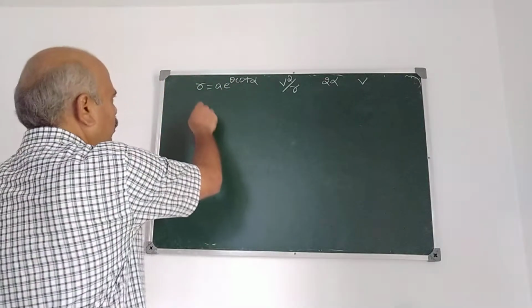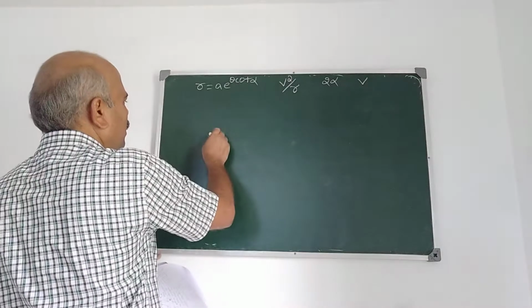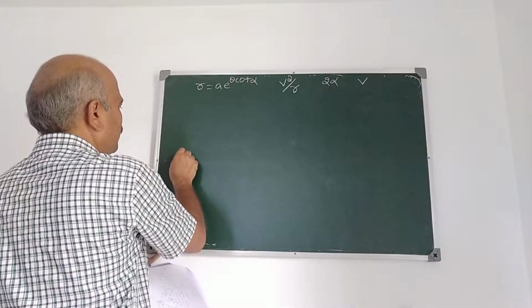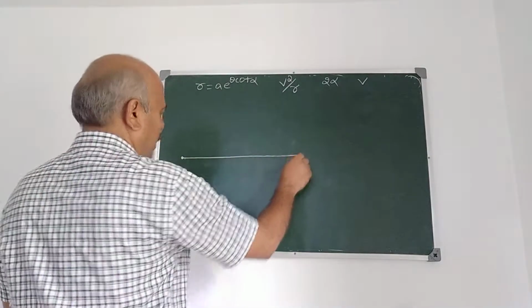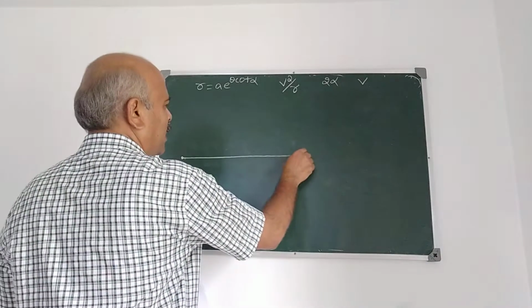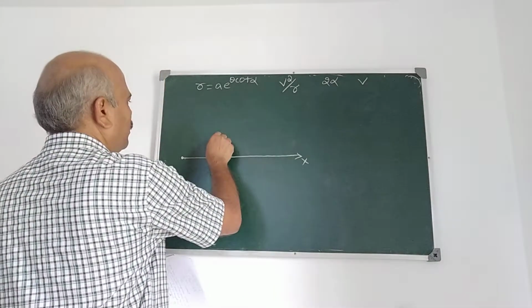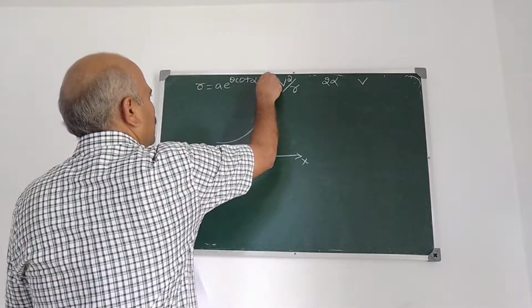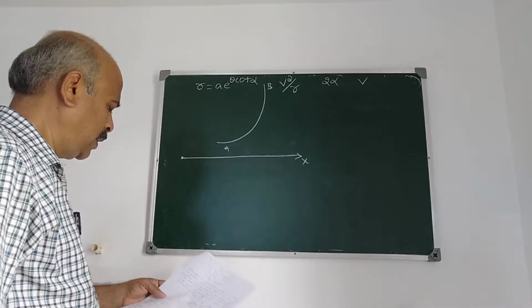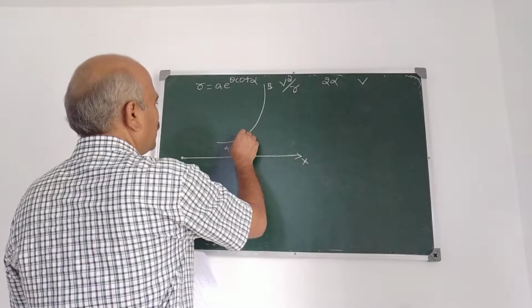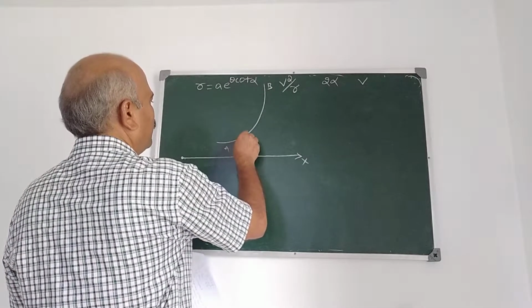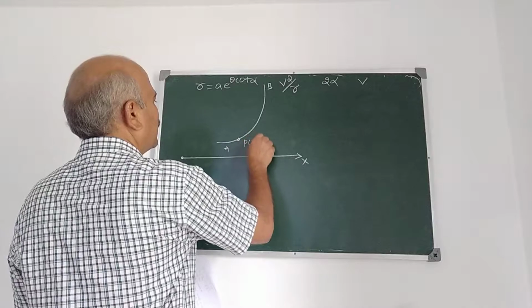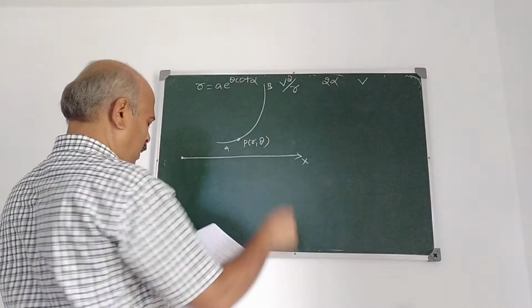I think you have taken the problem here. Problem is like this. Suppose O be the fixed point and this is the initial line OX. Suppose AB is part of the curve here and P be the position of the particle, and it is r theta at a time t.